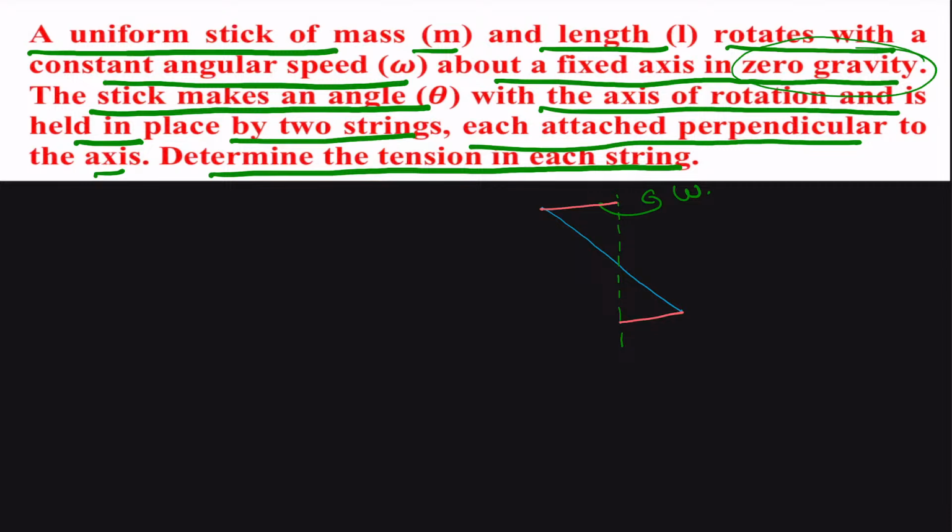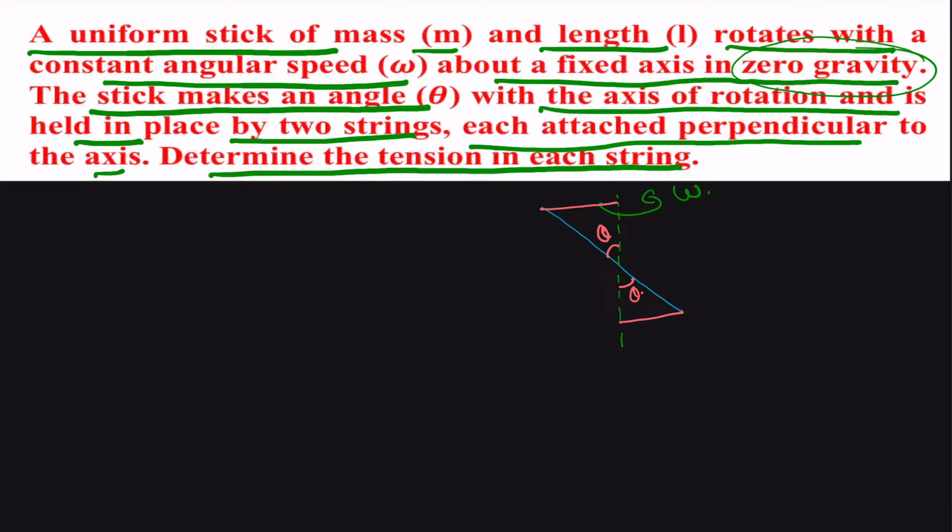And we are given that its mass is m and length is L, and it is making an angle of theta with this axis. So first case, without gravity, we have to find out the tension in each string. The strings are the same, so the tension in the string will be the same. So we are going to find out one and just apply it to the other part also.